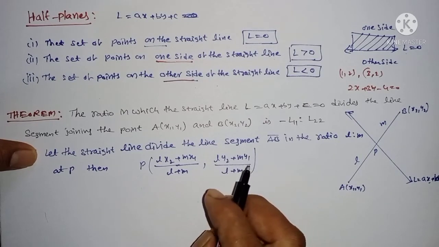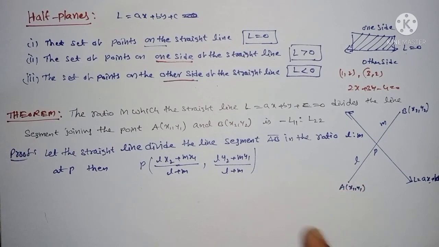This is the formula for dividing any segment in the ratio l is to m, or you can write m1 is to m2. We discussed this in the previous classes.